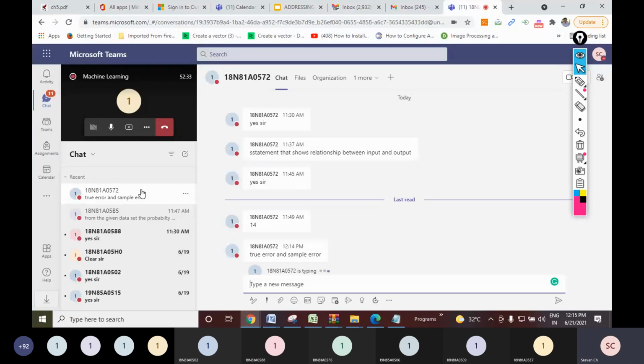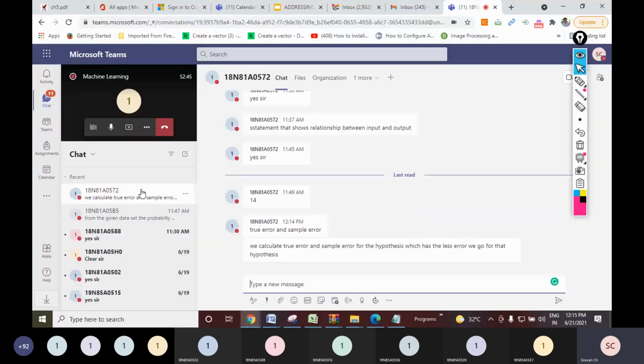Need not be, right? Sample error need not be the same for H1 and H2. Maybe the data set is the same, but H1 uses a different type of neural network and H2 uses another type of neural network. So the sample error itself can be different. We calculate the true error and sample error for the hypotheses, and the hypothesis which has the less error, we go for that hypothesis.